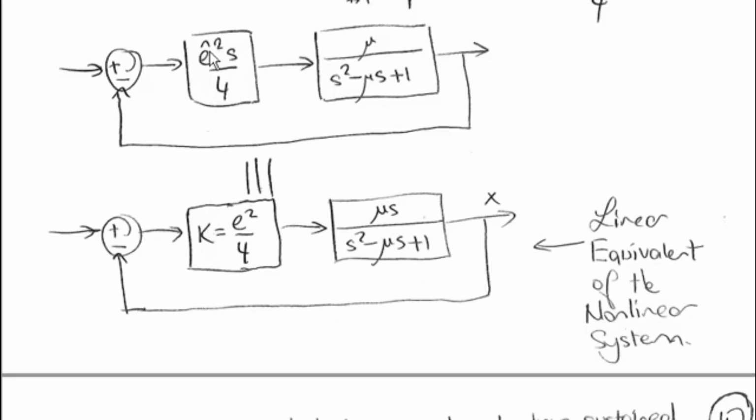As you see here, I have the describing function E squared S over 4, S is here, and I have the other gain term here, and I call it K. This makes this system quite similar to the systems that you have seen in 302, which is, in this case, a proportional control system.